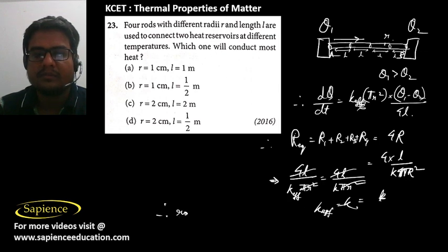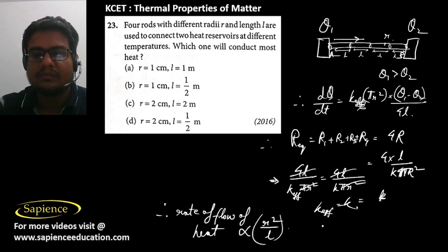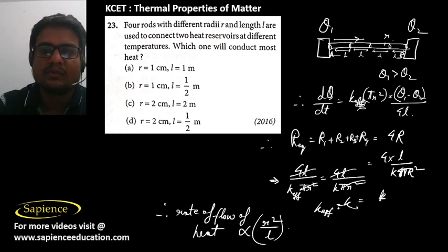So therefore, the rate of flow of heat by conduction is proportional to r square by L. If the r square by L value is higher, then the rate of flow of heat would be higher.